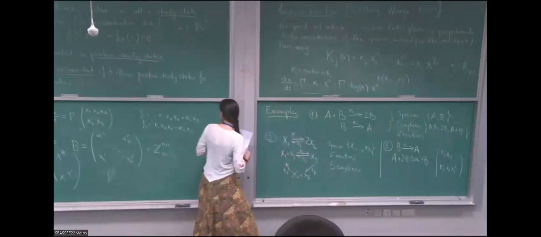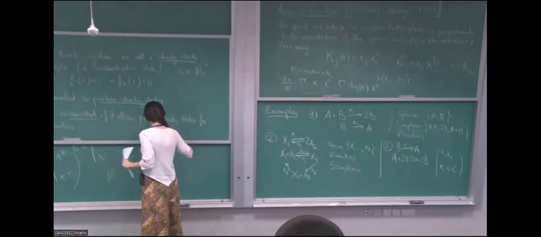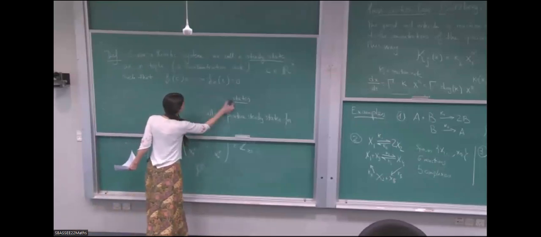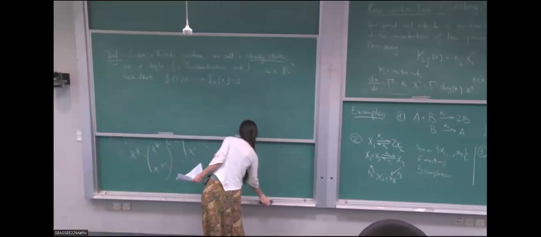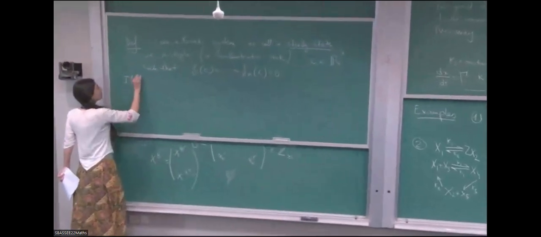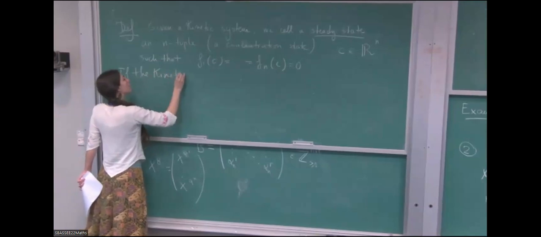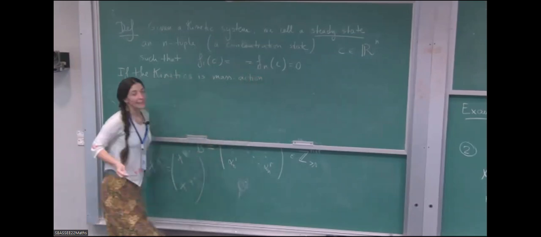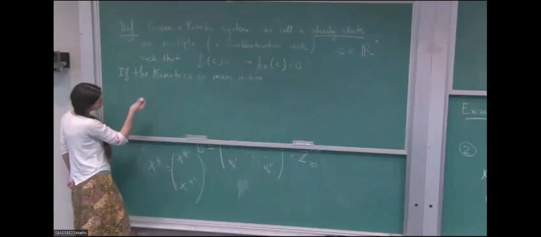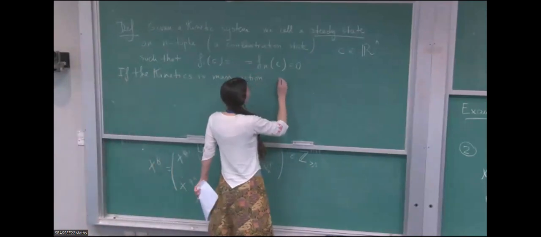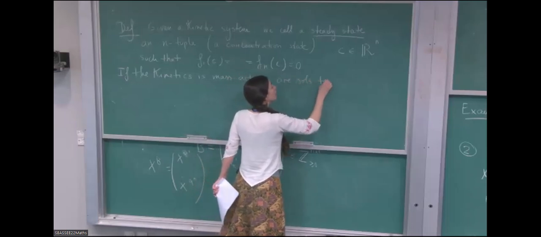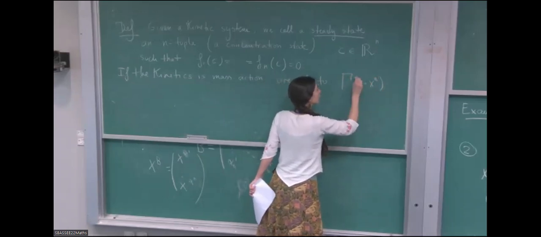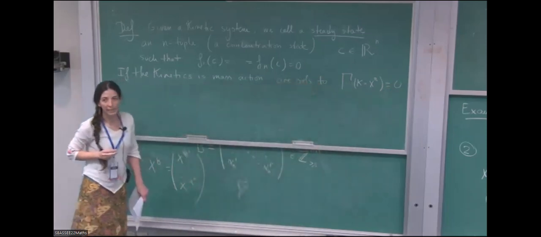And then if I want to study steady state, then the steady states are the real solutions, I'm only considering all steady states, to the polynomial system. And here is my algebra.